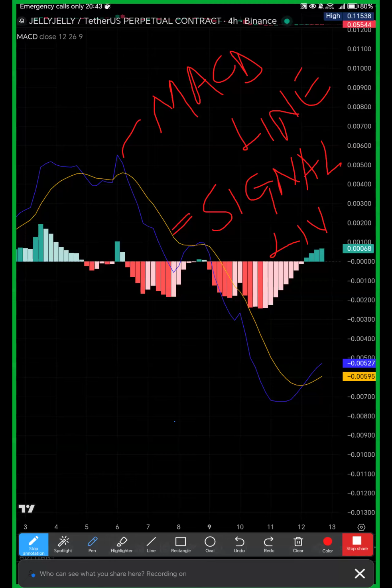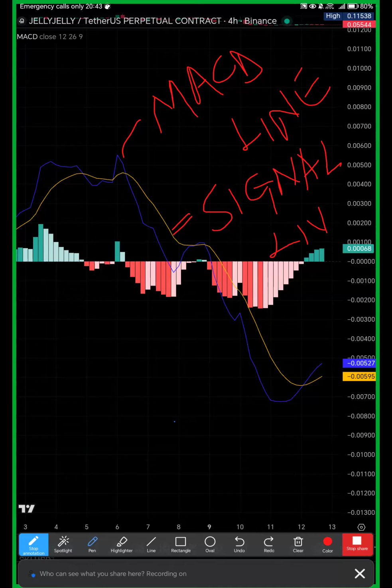All right, these two lines, they move to show us the trend of the market. When I say a trend, I'm talking about which direction the market is going and where it is coming from.